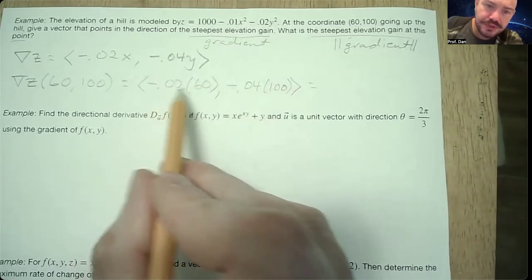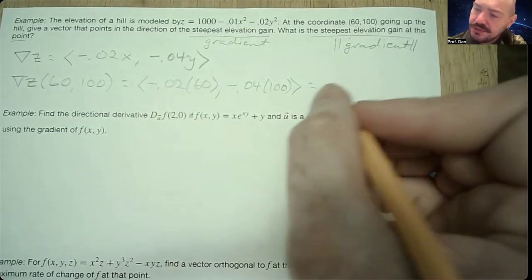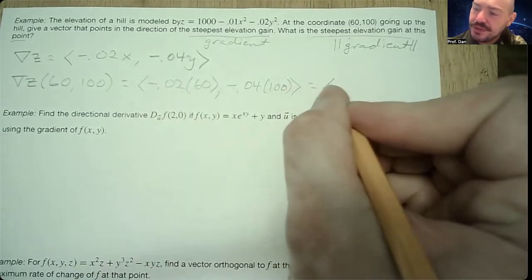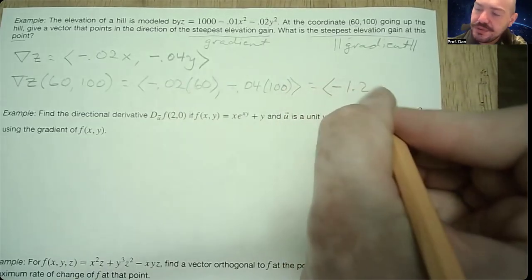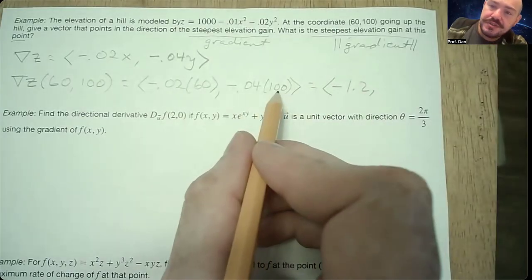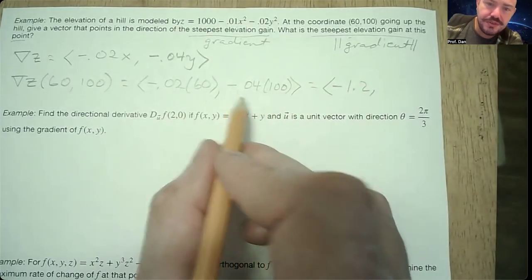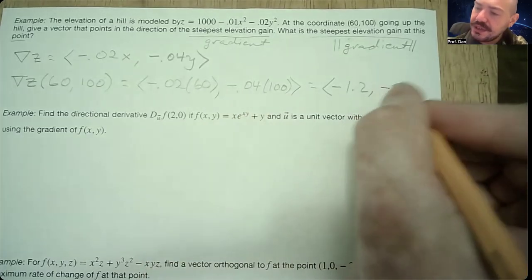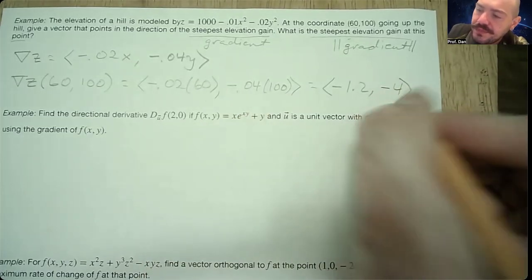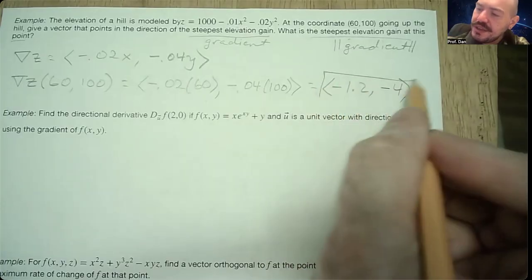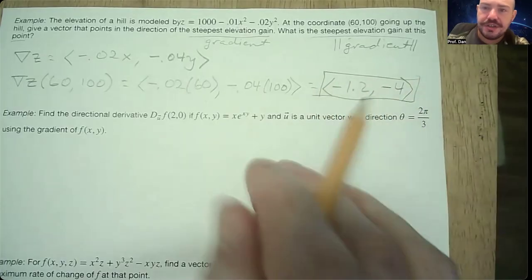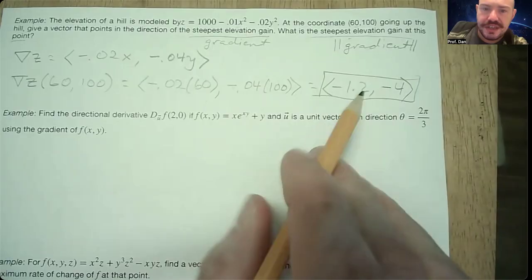So I have 0.2 multiplied by 6, which would be 1.2. So negative 1.2. Another number sense trick, this one ends in two zeros, so I can move my decimal point 2 to the right. So negative 4. So this would be the vector that goes in the direction of the steepest elevation gain.